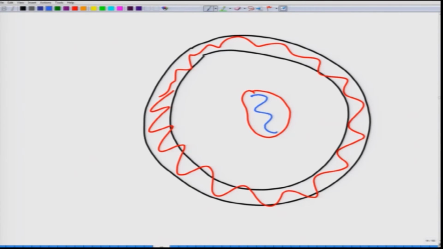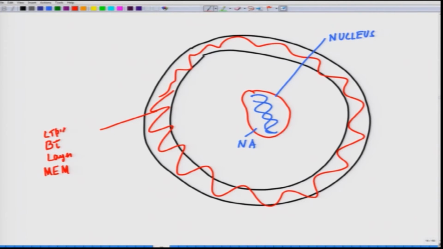Within the nucleus you have the nucleic acid, and this is the nucleus, and this is the lipid bilayer membrane.